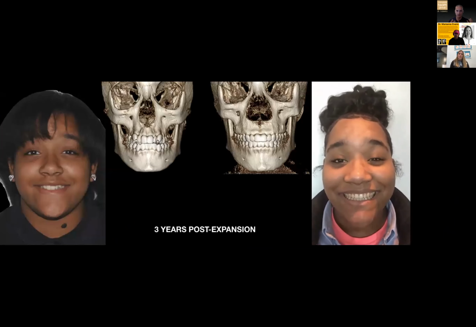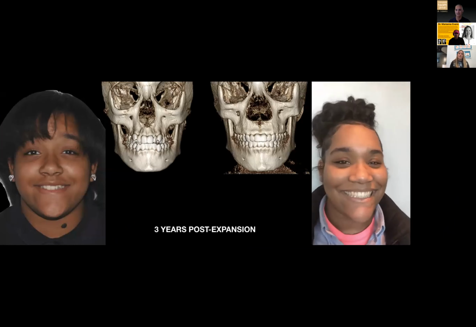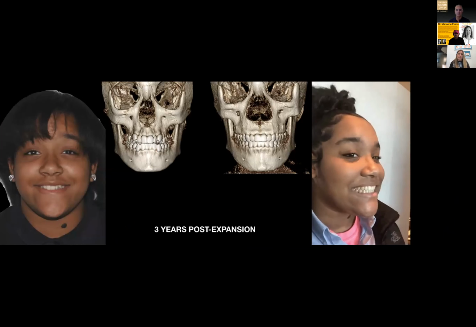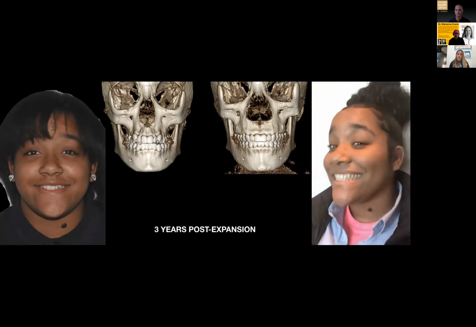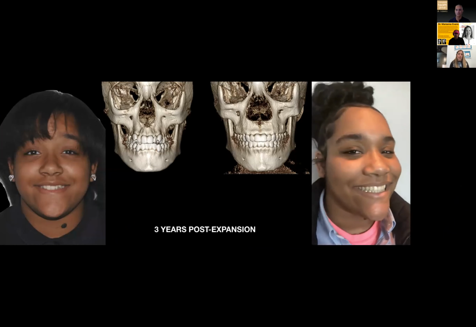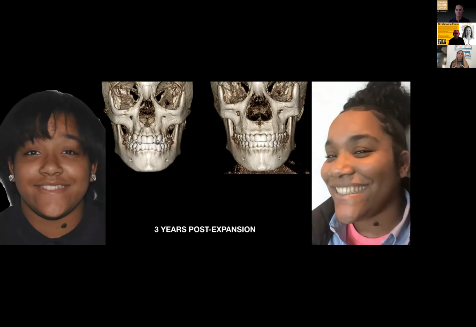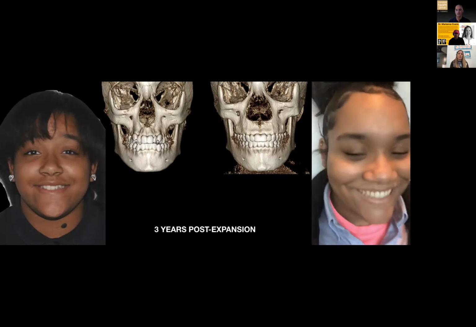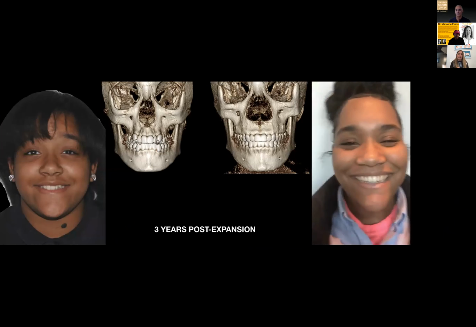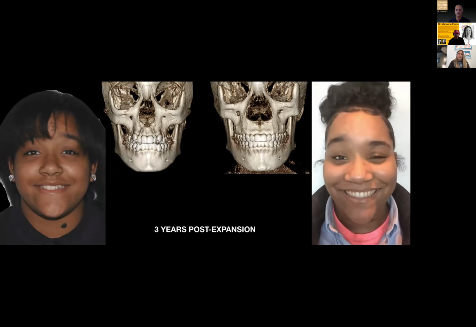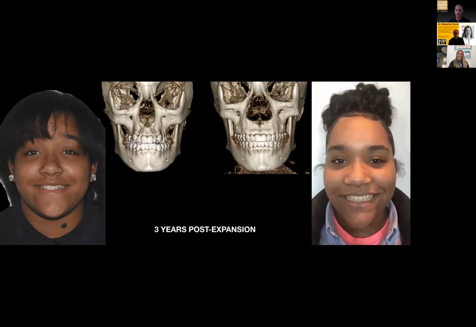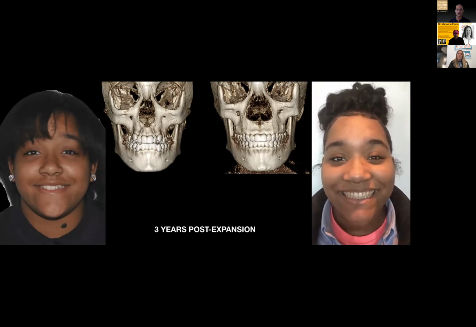If you expand the maxilla more than 5 millimeters skeletally, there will be a soft tissue change, but usually it is proportional with the rest of the face, so it doesn't look abnormally wide. No, I'm talking about the skeletal difference in the nasal air passageway, before and after, in the 3D.